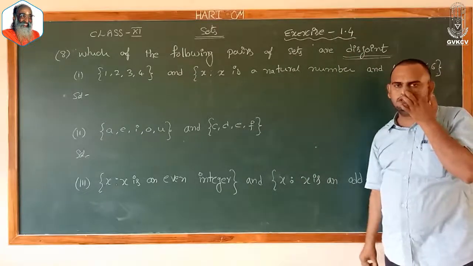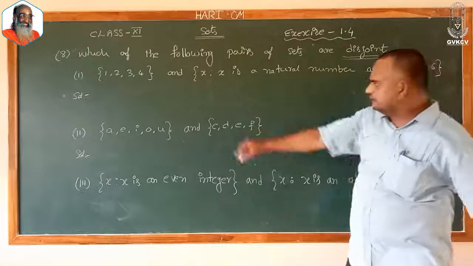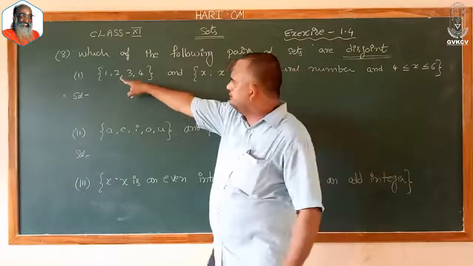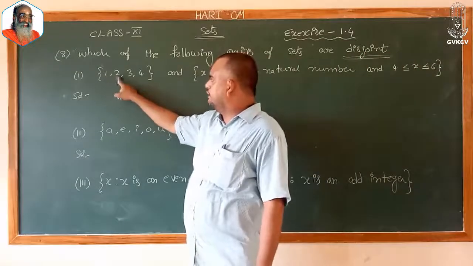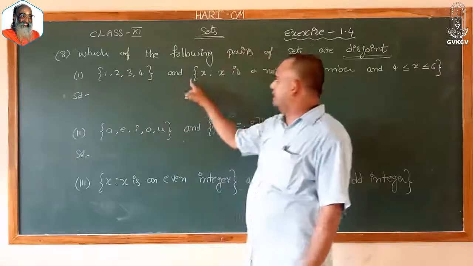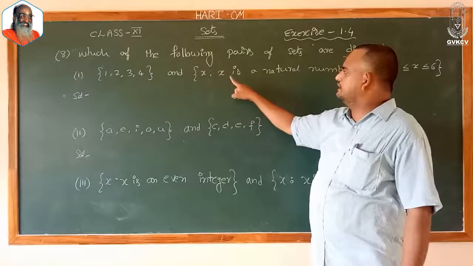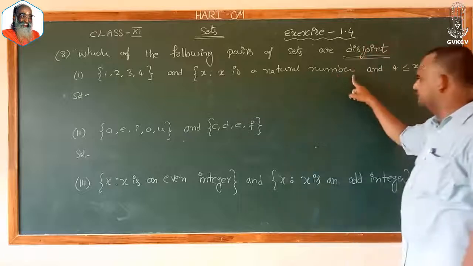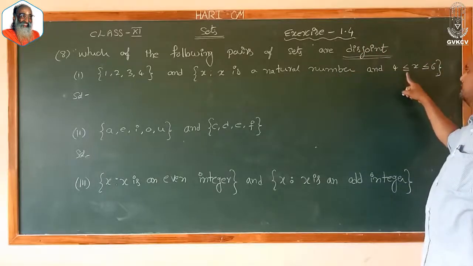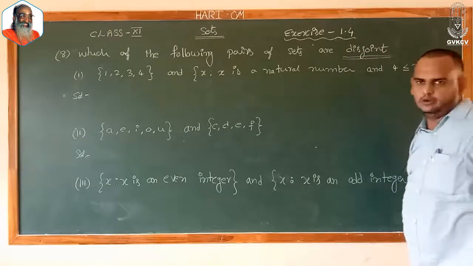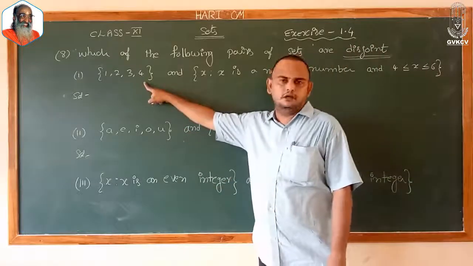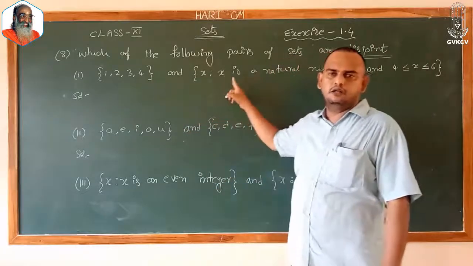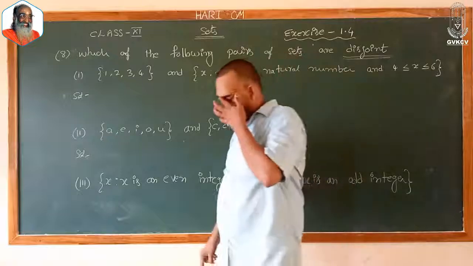Now we have 3 problems under this. Let us see the first one. We have the first set with elements 1, 2, 3, 4, and the second set x such that x is a natural number and 4 less than or equal to x less than or equal to 6. One is roster form, another one is set builder form.